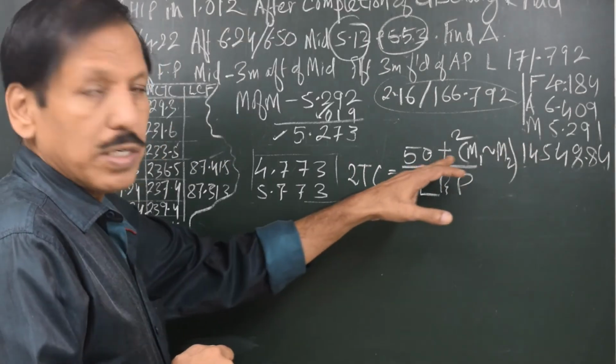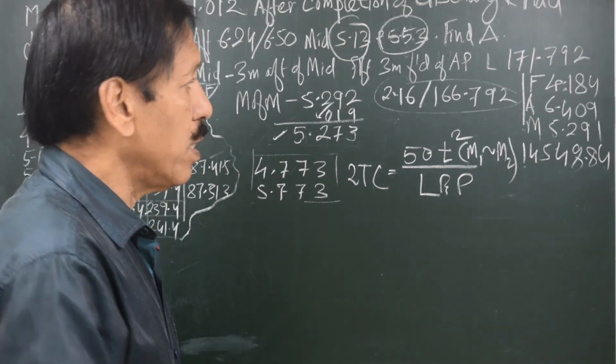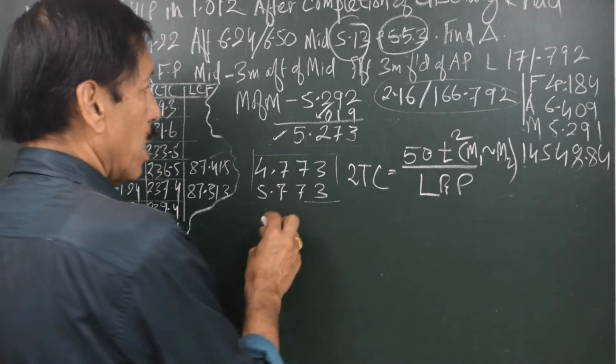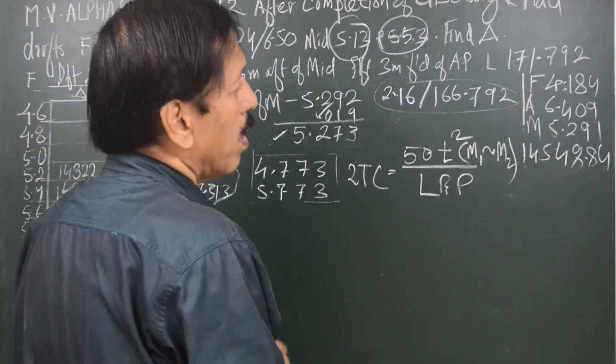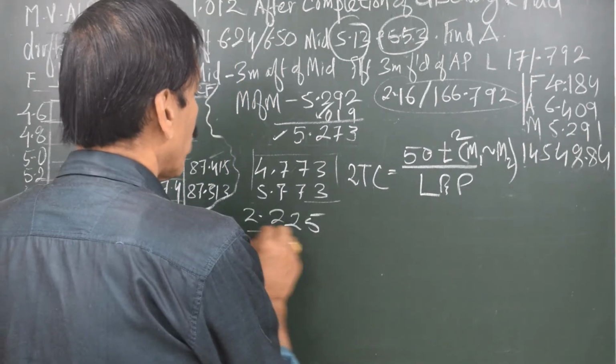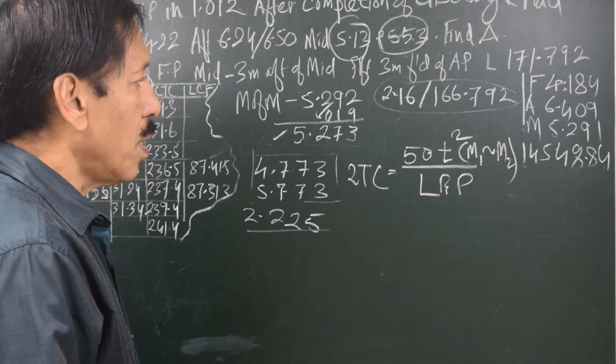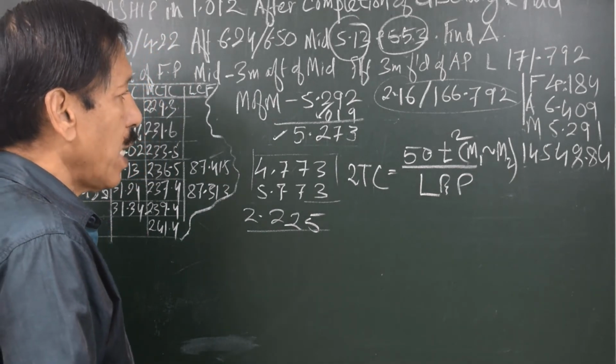Now the trim, which is written here in meters and is squared, we can take as the trim between the perpendiculars. So that is 6.409 minus 4.184, that is 2.225 meters. And let us look at the MCTCs.